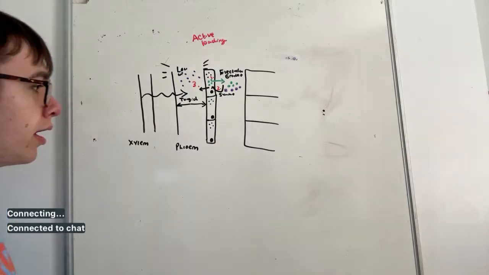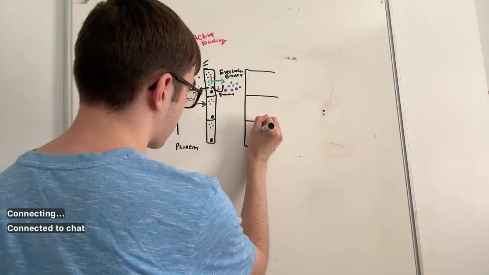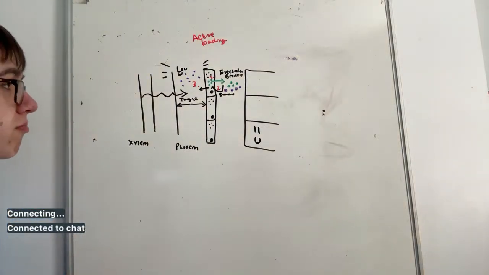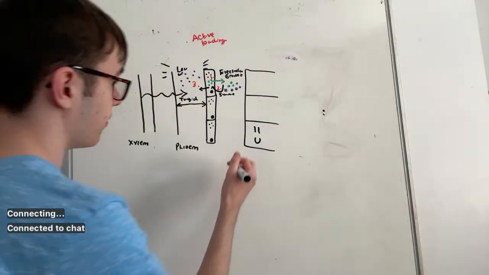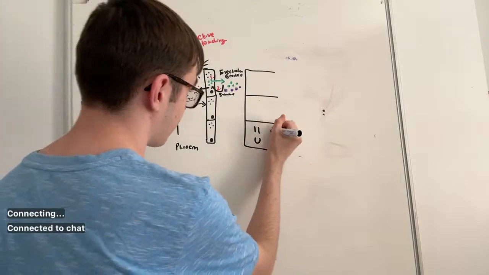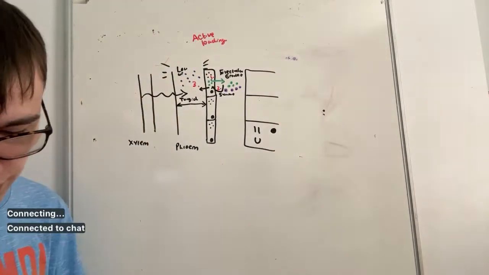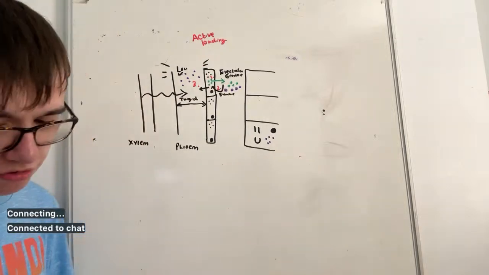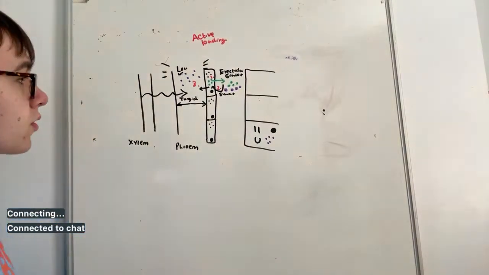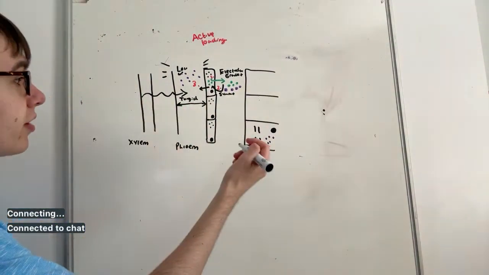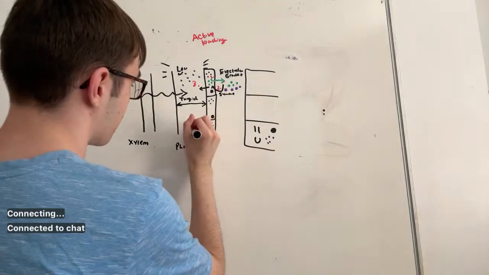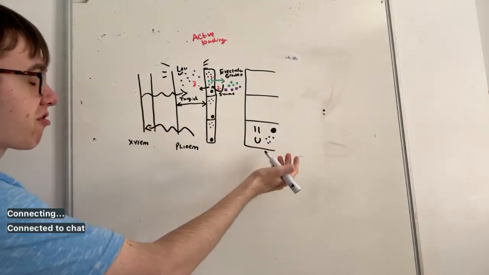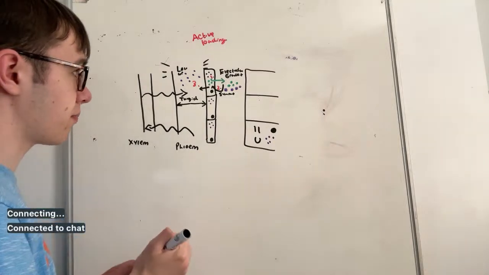Because now the volume is increased, which means the pressure is increasing, I'm pretty sure. So now, in the cells which actually require the sucrose, what's going to happen is they are just kind of minding their business using the sucrose molecules, which means that there is now a concentration gradient, a pressure gradient, because water is moving out of the phloem into the xylem because the sucrose is being used up.